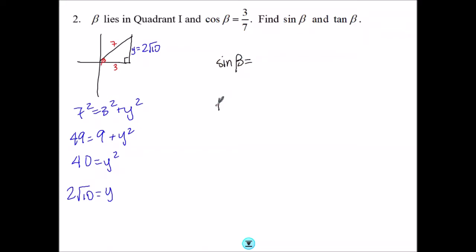Then we can find sine of beta and tangent of beta. Sine is opposite over hypotenuse, which is 2 square root of 10 over 7. Tangent is opposite over adjacent, so 2 square root of 10 over 3.